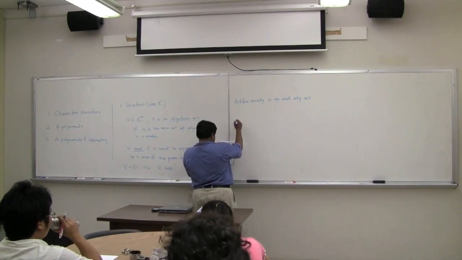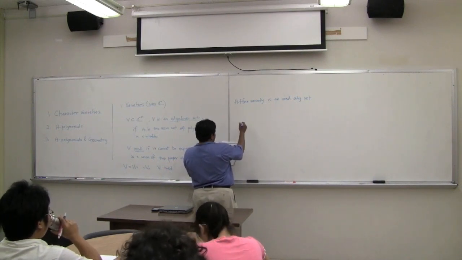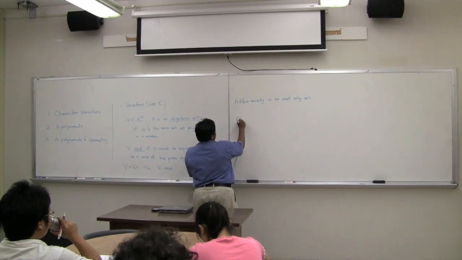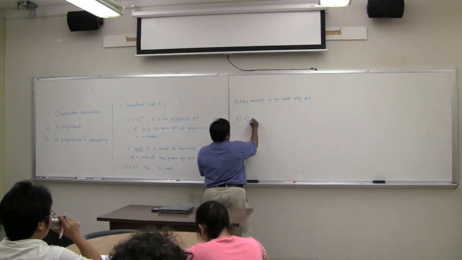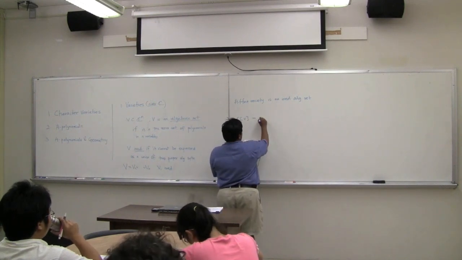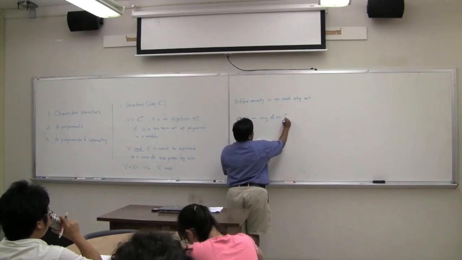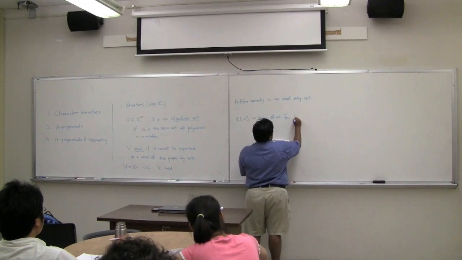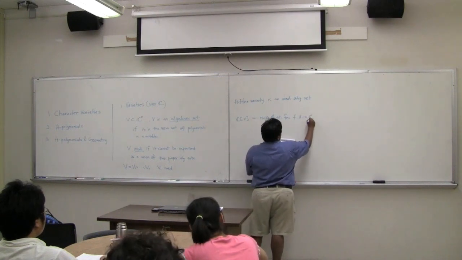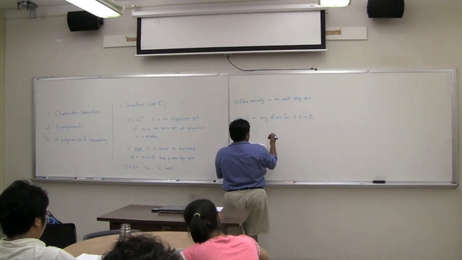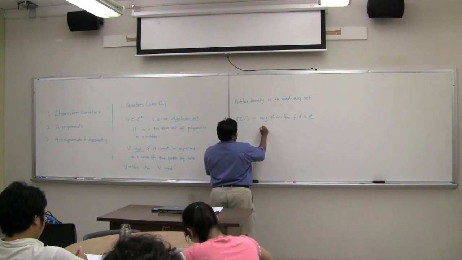Whenever you have an algebraic set, you have a coordinate ring, which is the ring of all functions f from V to C such that they are restrictions of polynomials.